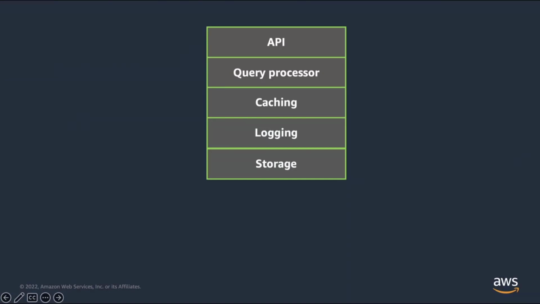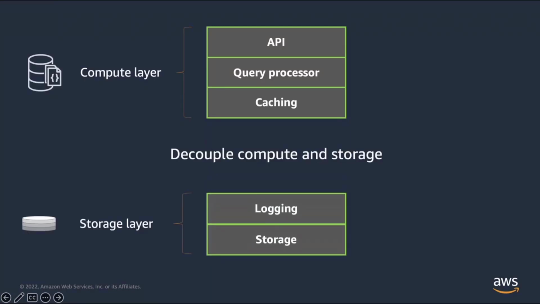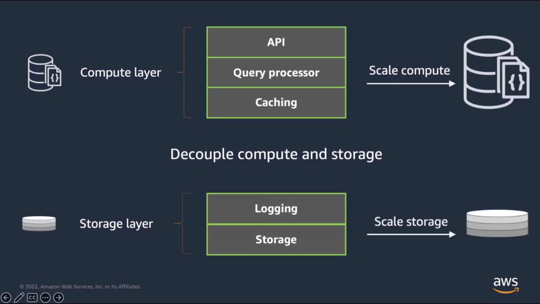And now because we separated the storage and compute layers, we can now scale each of these independently. So in the compute layer, you've got the API, the query processor, caching, that can scale independently of the storage layer where we keep track of the logging and the actual persistence of the data.